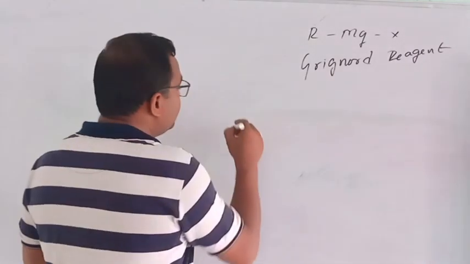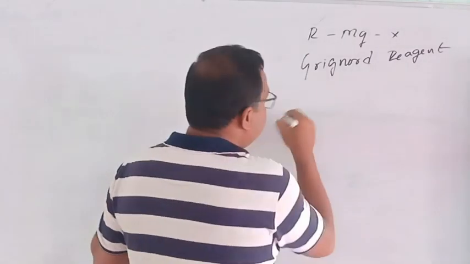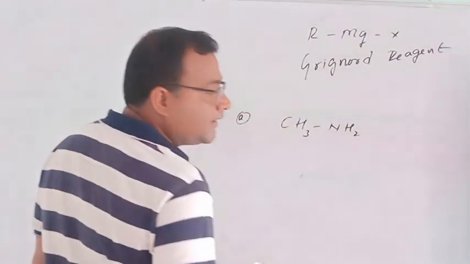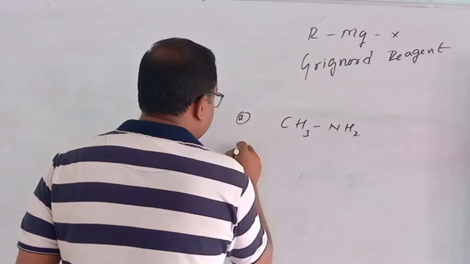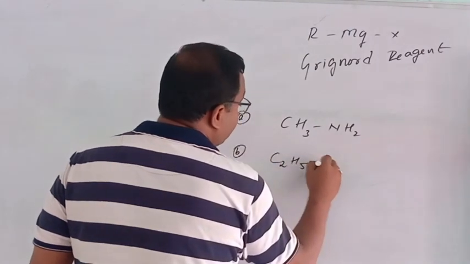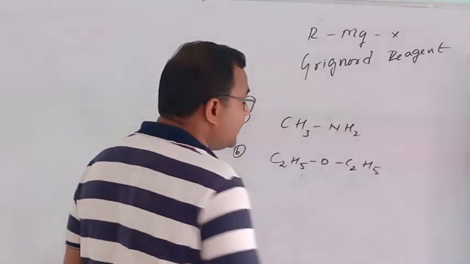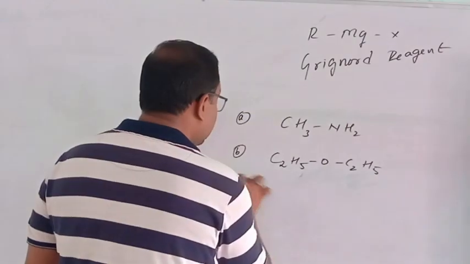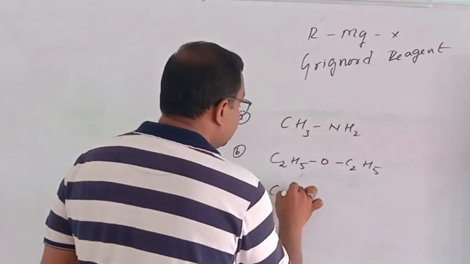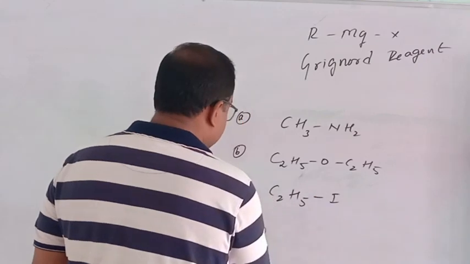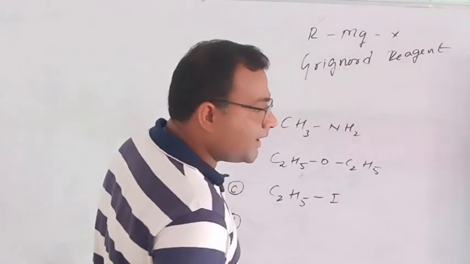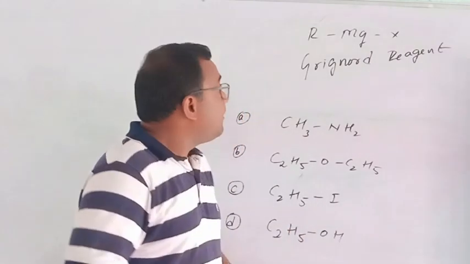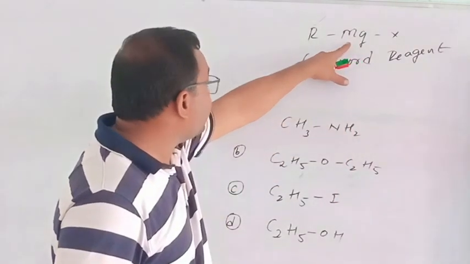Four options are given. In option A, methylamine, CH3NH2. Then diethyl ether, C2H5OC2H5, an ether. Option C is ethyl iodide, C2H5I. And option D is ethyl alcohol, C2H5OH. We should get the Grignard reagent when magnesium reacts with what type of compound?